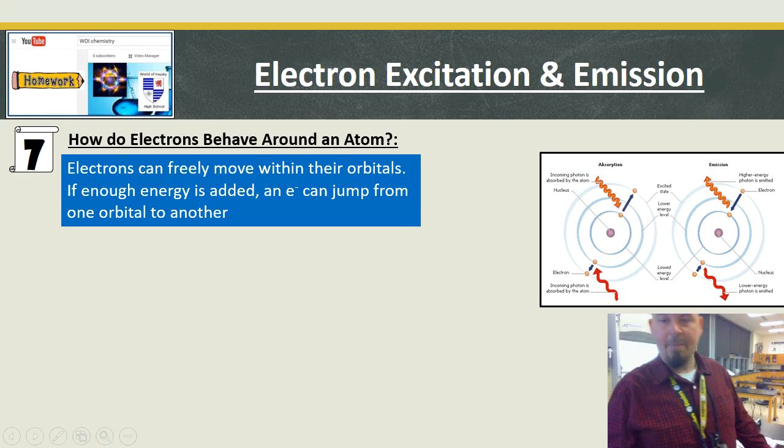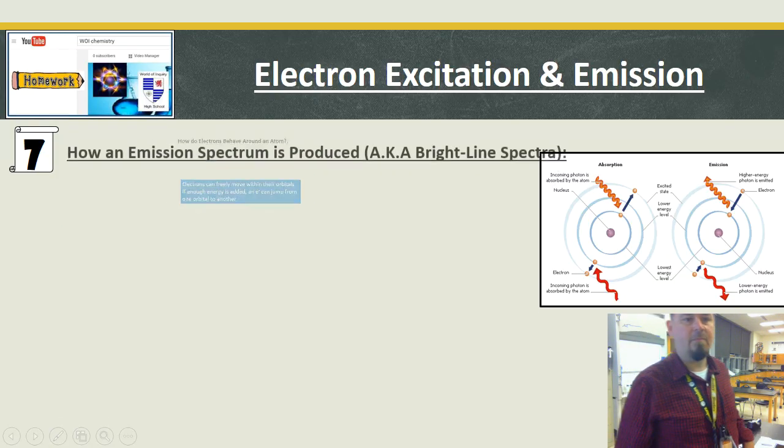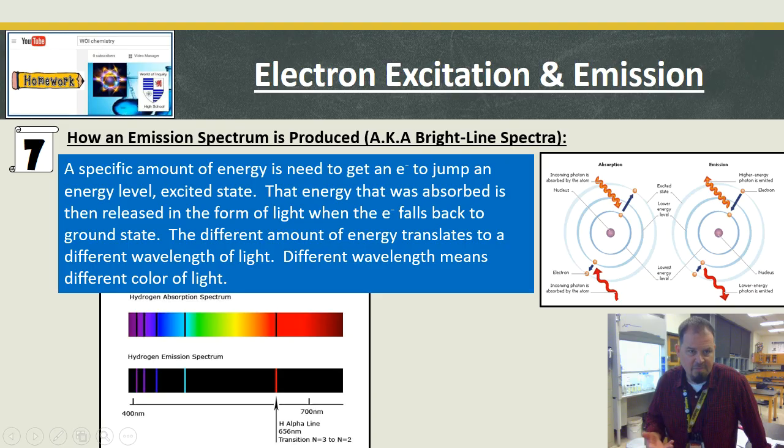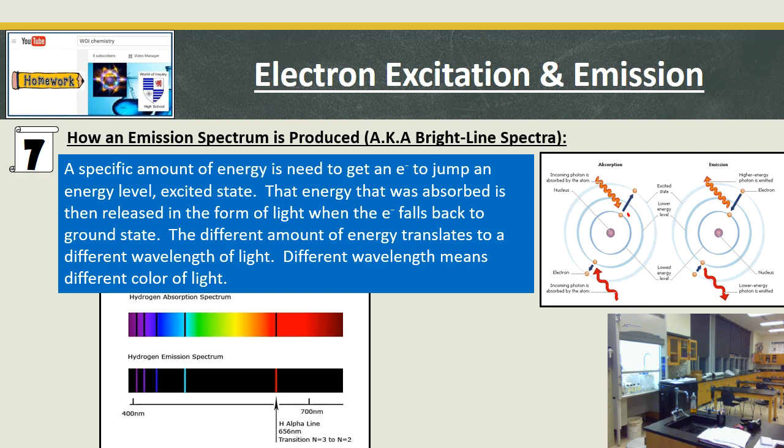Okay, and if it happens, it's a specific step. And then I produce this bright line spectra because I need a specific amount of energy to get from one place to the other. So the theory is, and this is through many experiments, I can't end here and have it work.